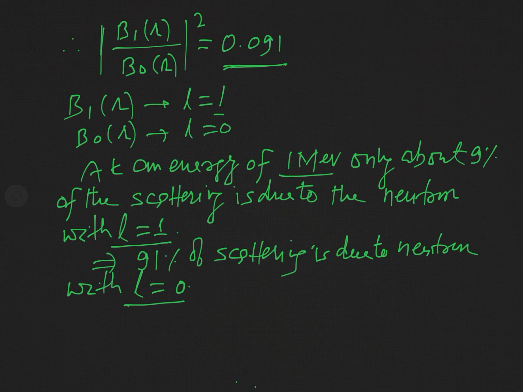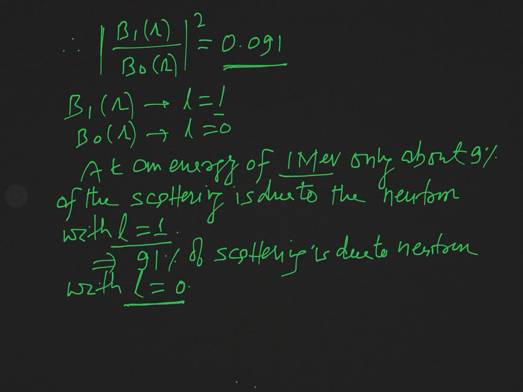And so we can say that the scattering in the low energy region is dominated by the neutron with L equal to 0, and such a wave is known as S wave.